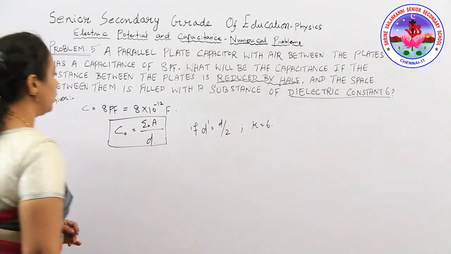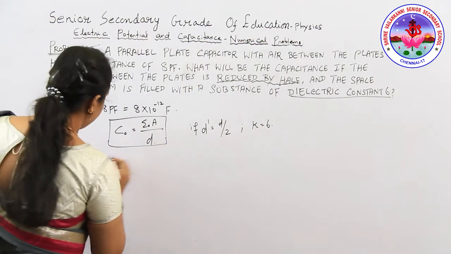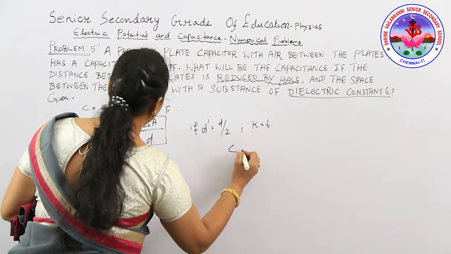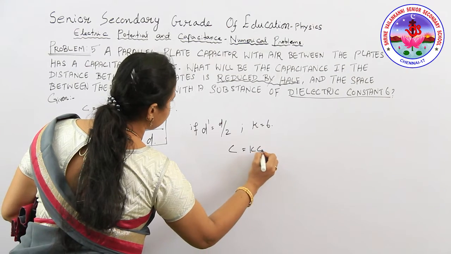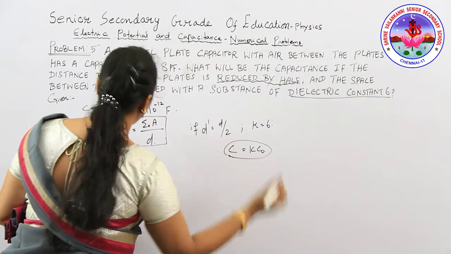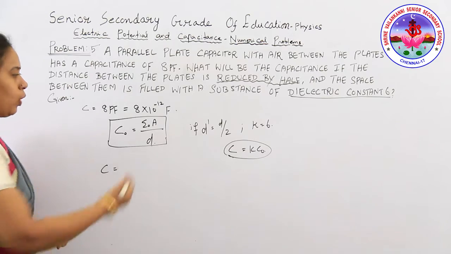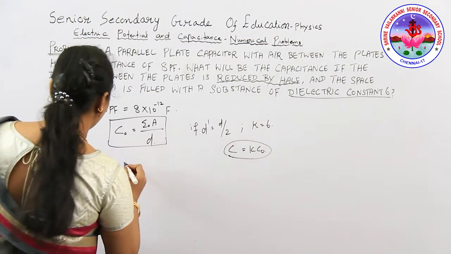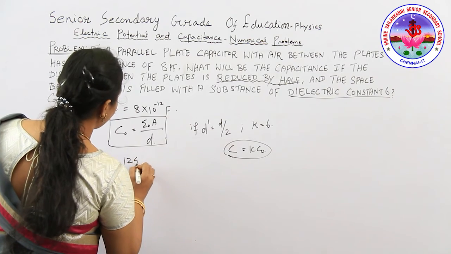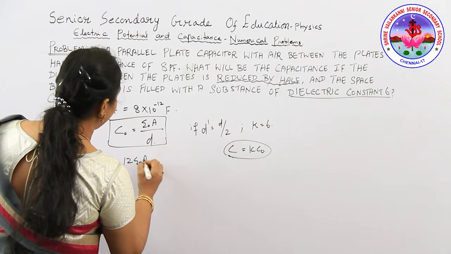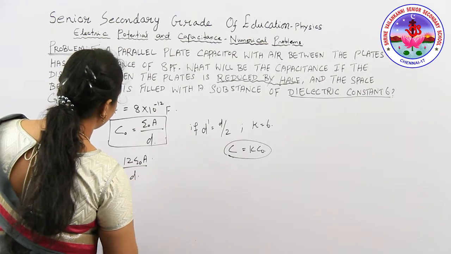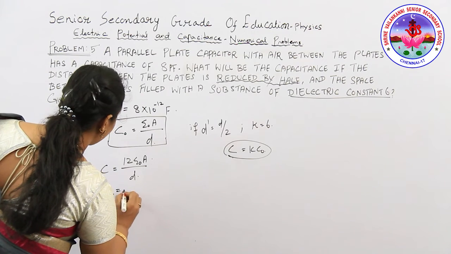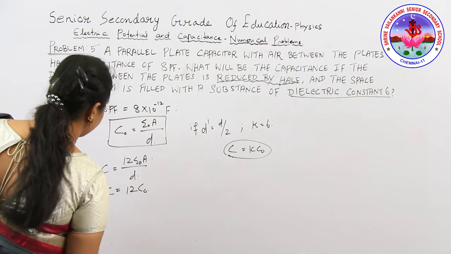By applying this value, the new C is directly proportional to C naught, or C equals K C naught. We know this from the theoretical part, those derivations. So C equals 12 epsilon naught A by D. Comparing these two, you may get C equal to 12 C naught. Is it right?